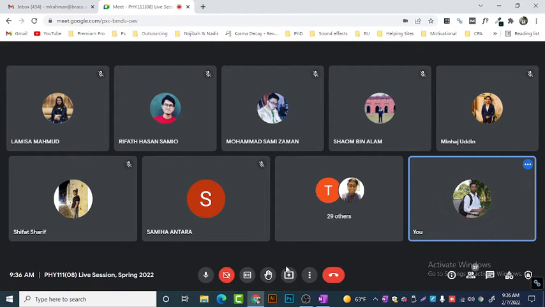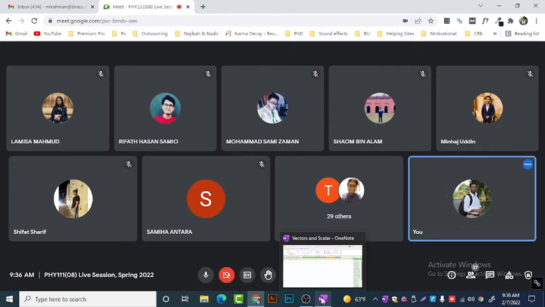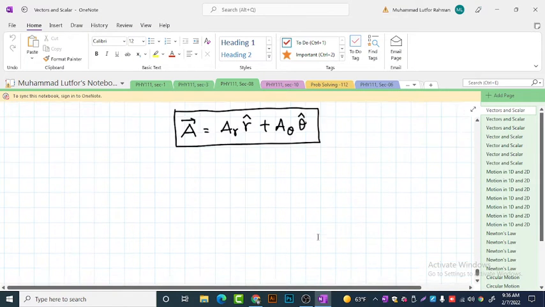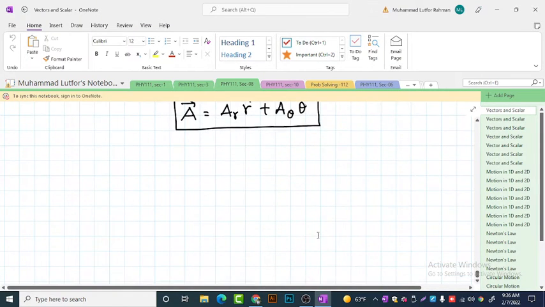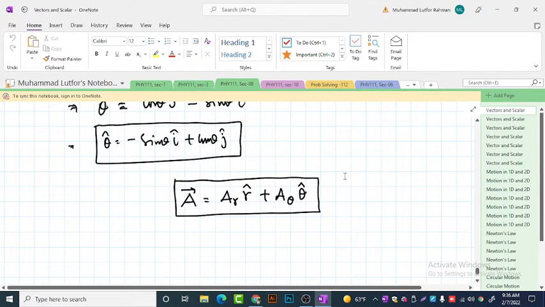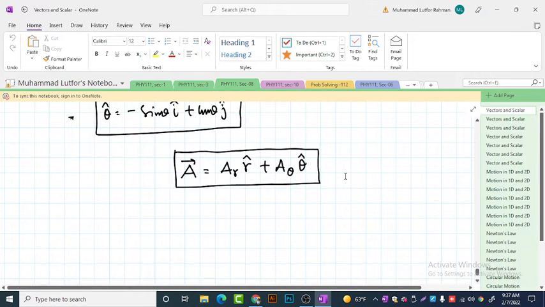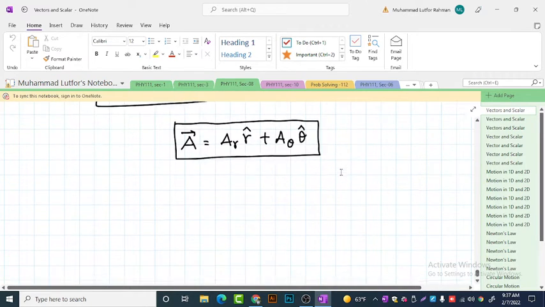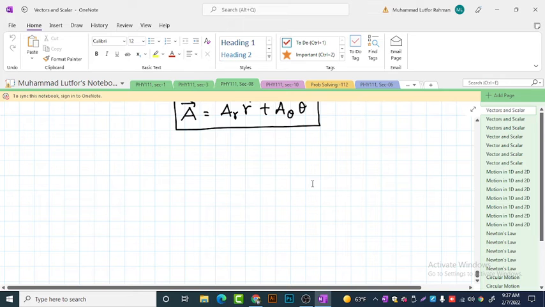Alright, so then we are going to start our topics today. I have talked about vector components or the coordinate system, actually how we are going to represent vectors in different coordinate systems. We represent them in the Cartesian coordinate system as well as the plane polar coordinate system.